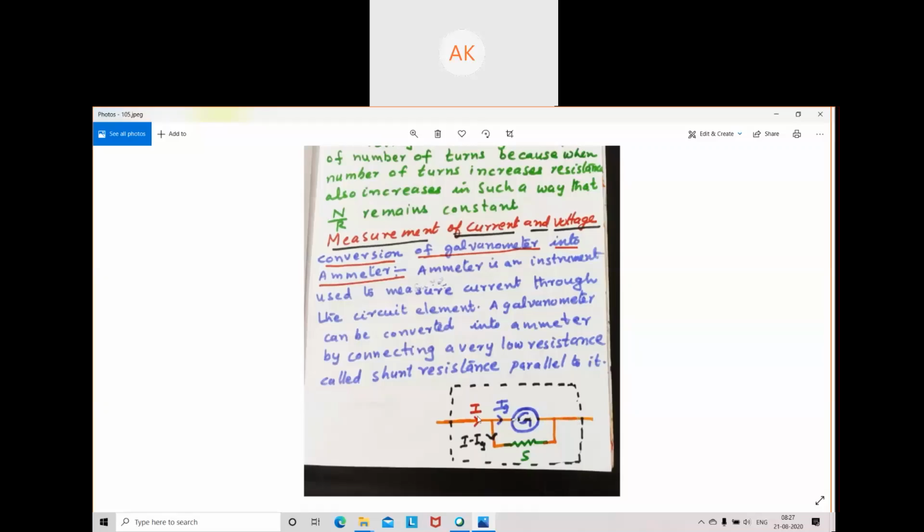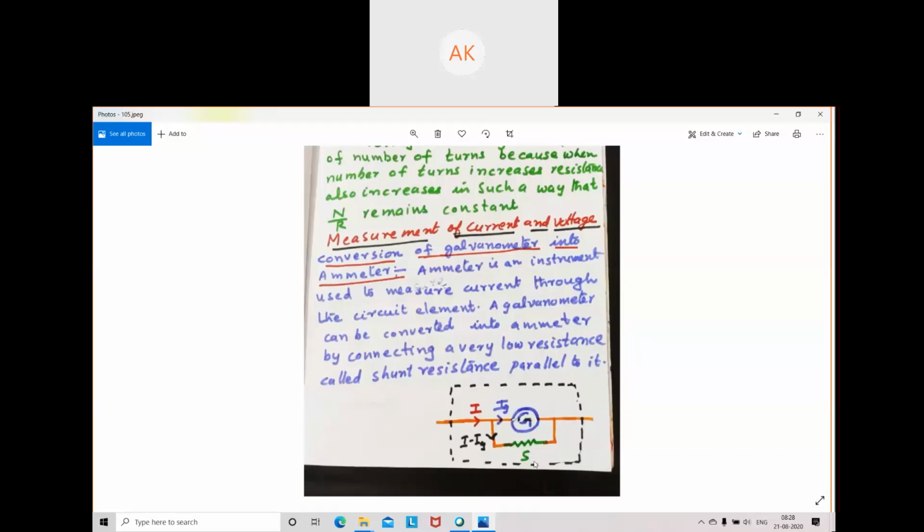So what is the potential difference across this galvanometer? Ig into its resistance, Ig into G. What is the potential difference across the shunt resistance? The current is I minus Ig, and the resistance is S. I minus Ig into S is the potential difference across the shunt resistance.